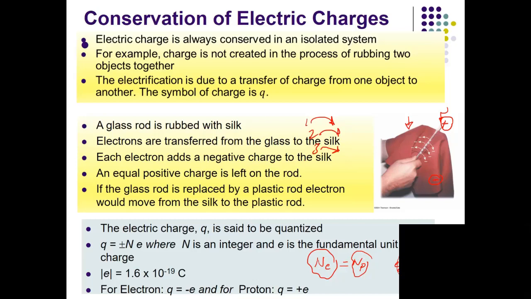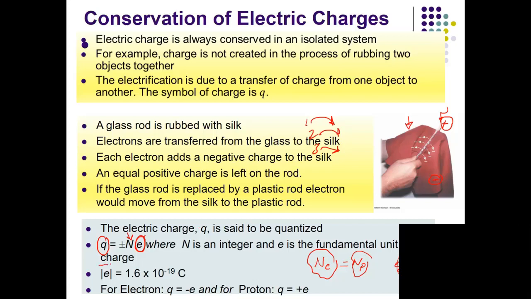So for that, we say the charge that the glass will end up with is simply an integer number of the number of electrons that were lost or moved away from the glass, and n is simply an integer. So e here refers to the magnitude of charge carried by an electron or the magnitude of charge carried by a proton.